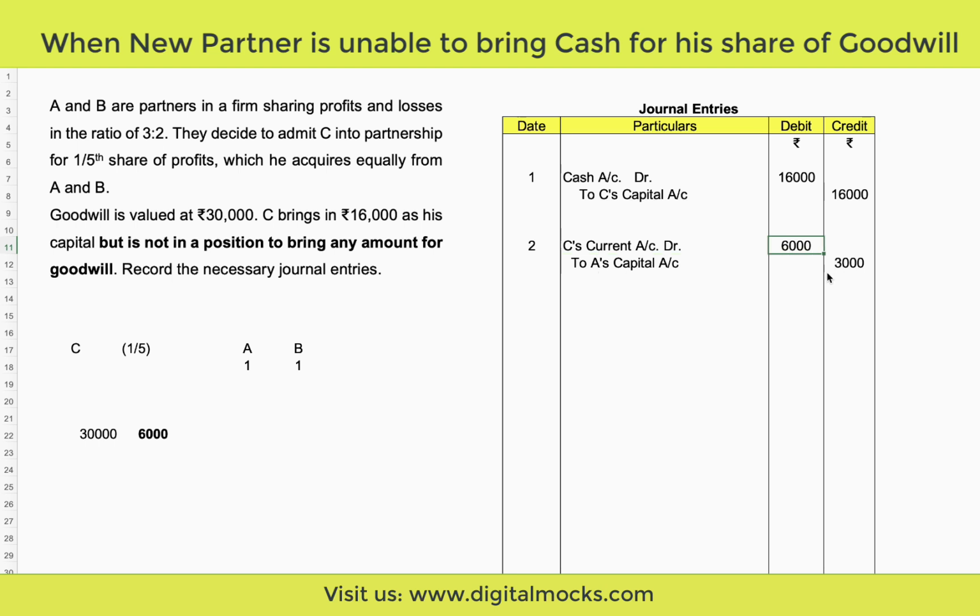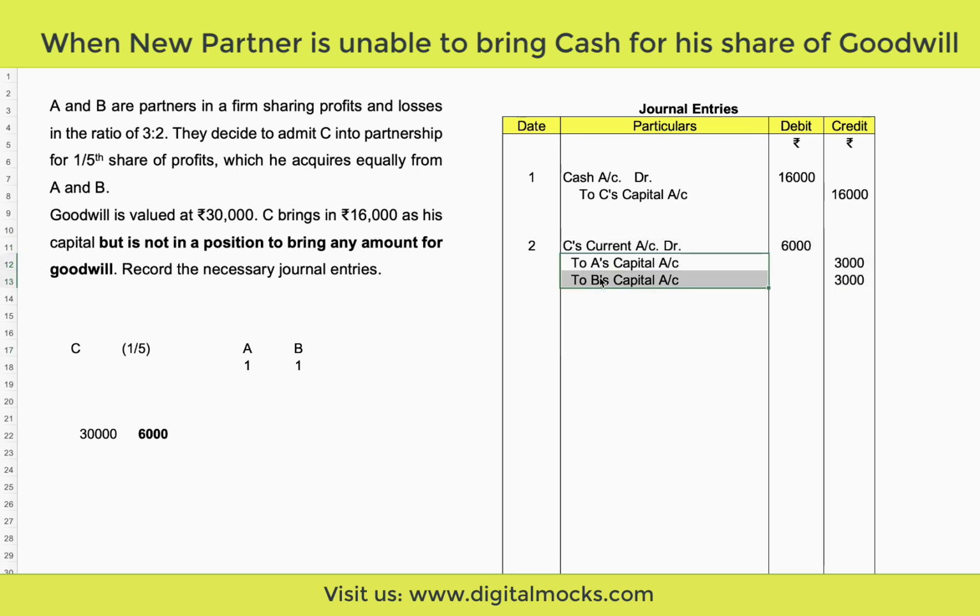So this 6,000 will be divided between A and B in equal ratio. Now to B's capital account, same amount, 3,000. So this entry will always be in the ratio of sacrifice.